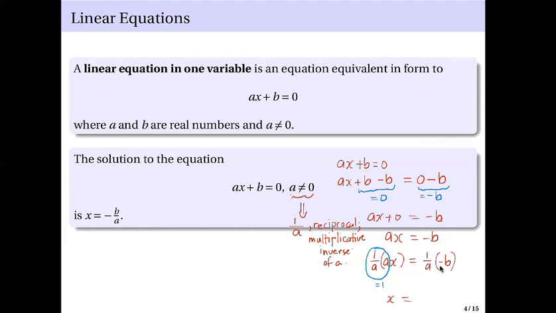So the right-hand side becomes negative b over a. Again, this is the step-by-step process in solving the equation ax plus b equal to 0 to get x equals negative b over a.